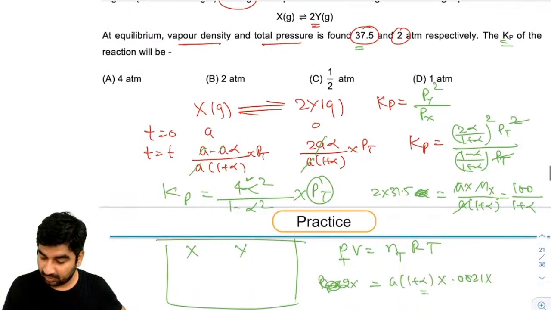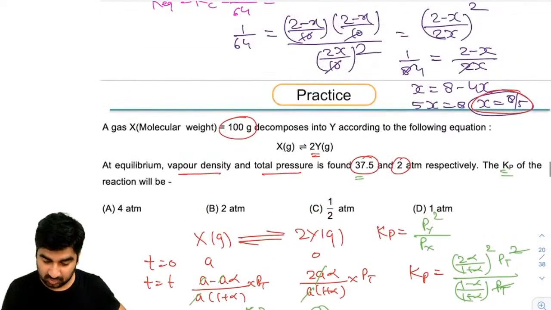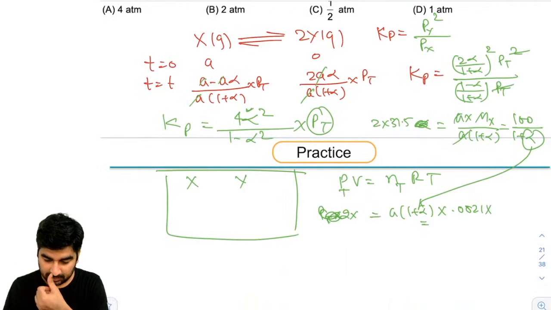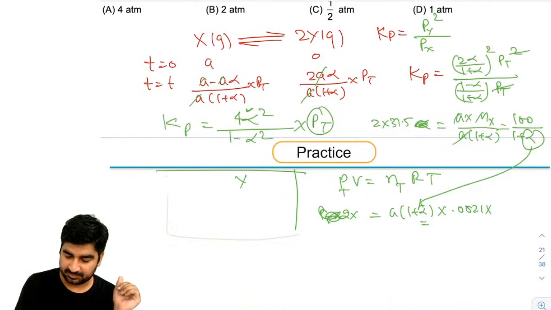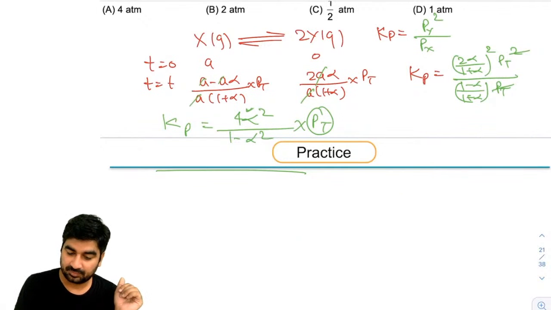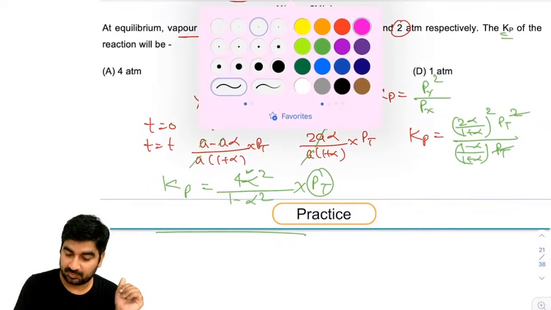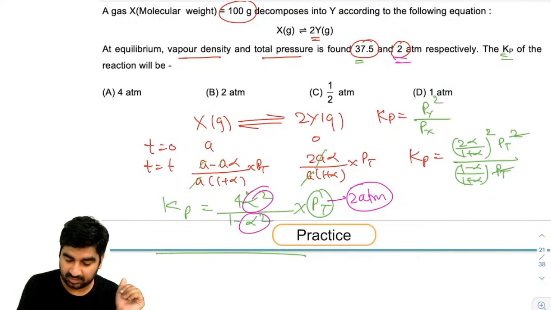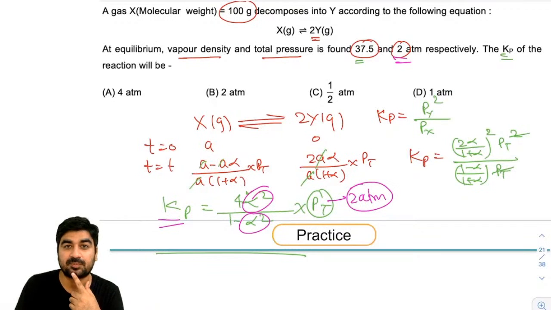So from here you can determine alpha and put alpha here. Temperature is not given. Okay, now you don't need it. Okay, just a minute. Here I need P total. So the P total is 218. If somehow I calculate the alpha, I can determine the value of Kp.